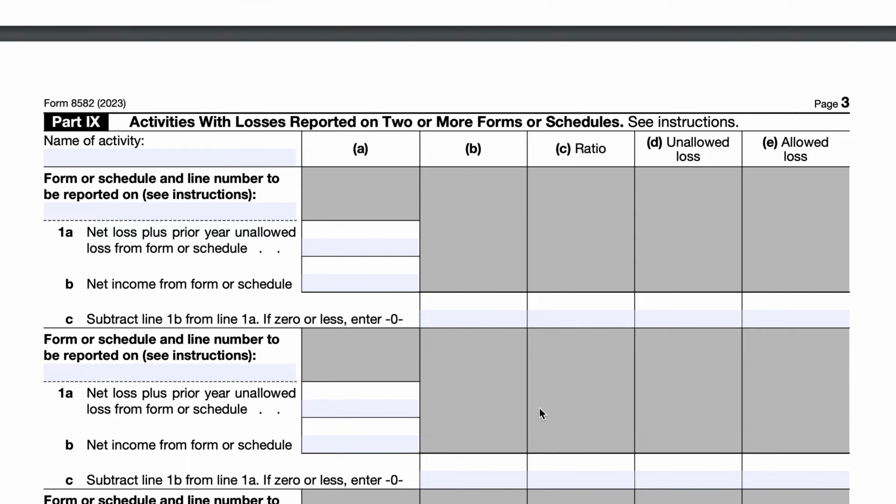So this might be something like Schedule E versus Schedule C, or Schedule E versus Schedule F type income, where you have multiple passive activity losses and you're trying to report them on different forms or schedules.